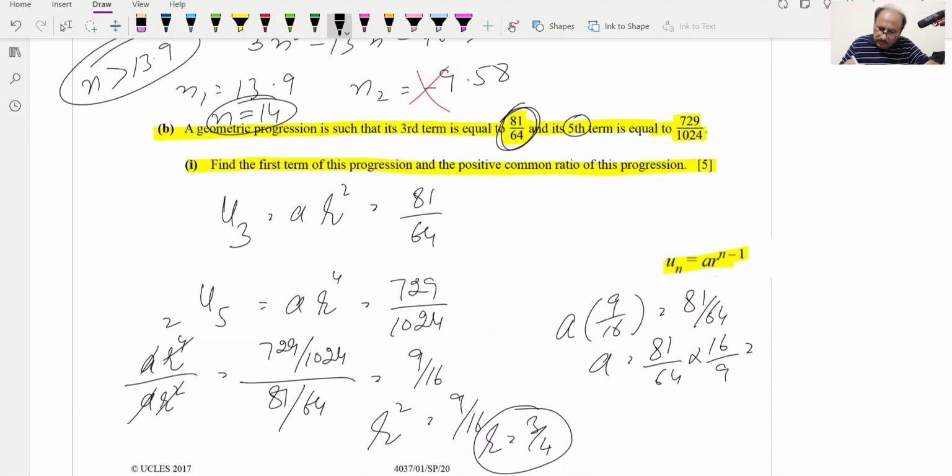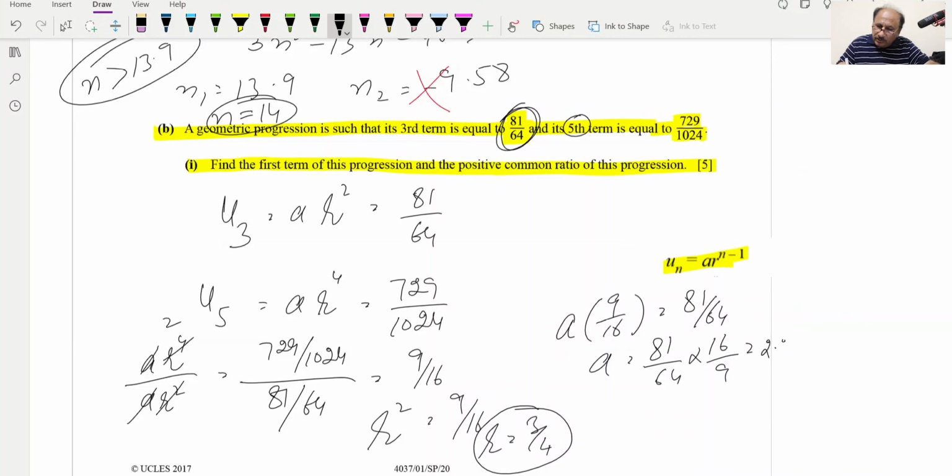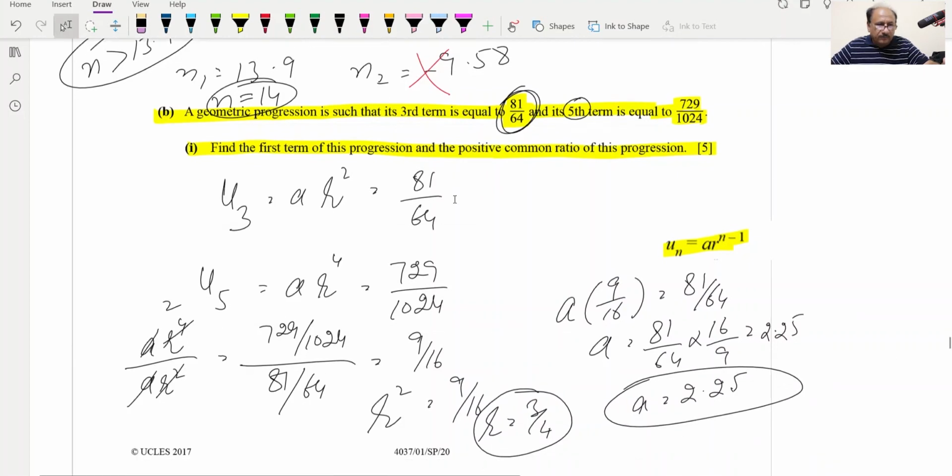We can cancel, so 81 over 64 multiplied by 16 over 9, and the answer will be 9 by 4, or the decimal value will be 2.25. So a is equal to 2.25. So this is what we found, the a value and the r value.